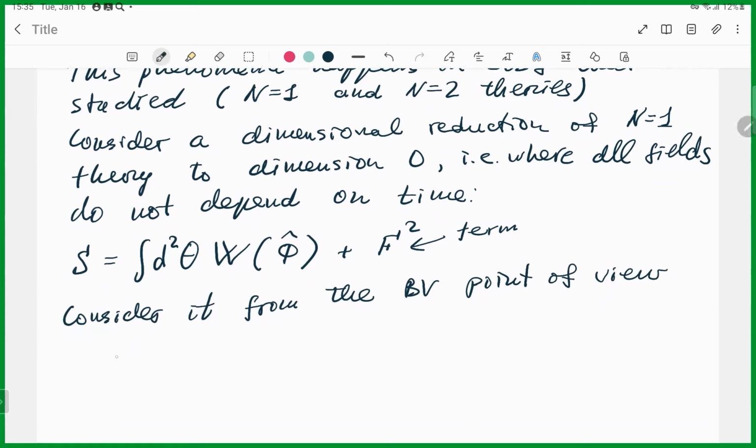So first of all, we had a field phi, and then there were two supersymmetries.